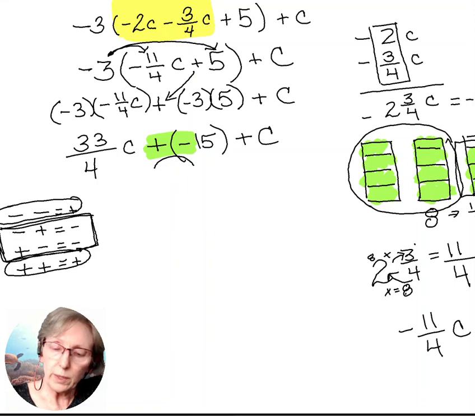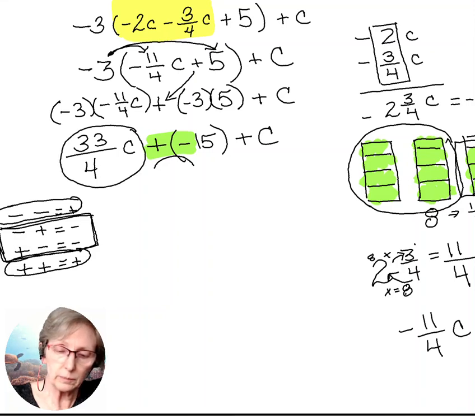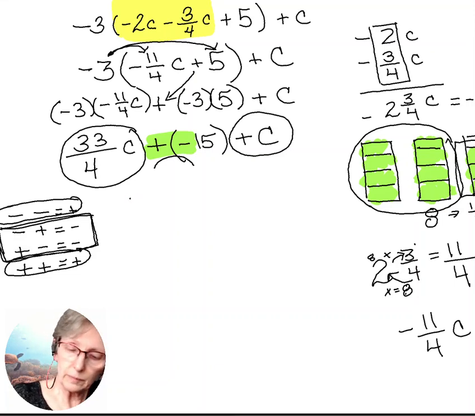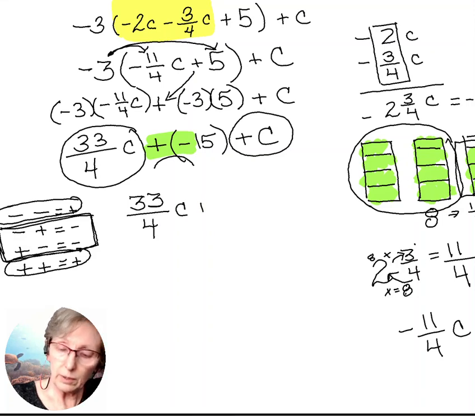So that becomes a subtraction. So when I rewrite this, putting my c terms next to each other, I'm going to subtract the 15. I have 33 over 4c plus c minus 15.